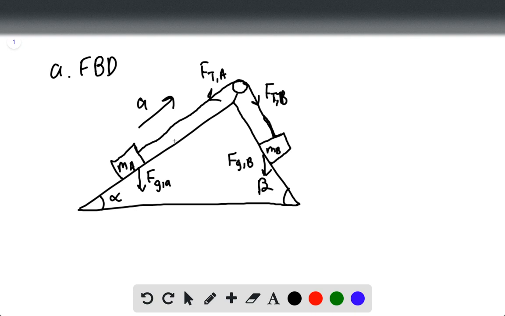So acceleration is going up, or rather with the incline of the slope.